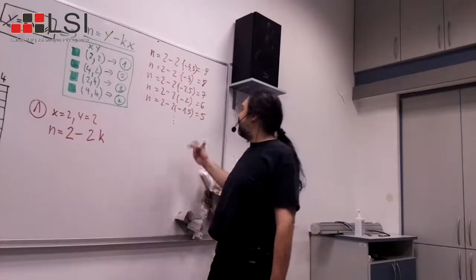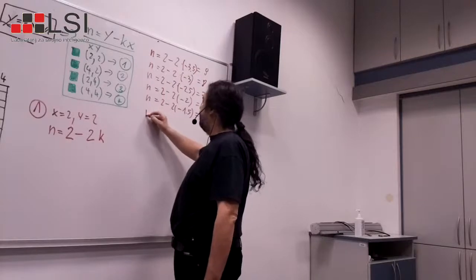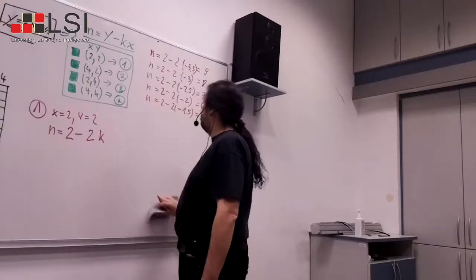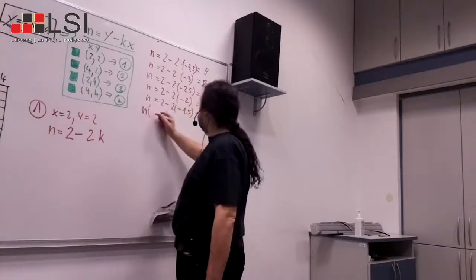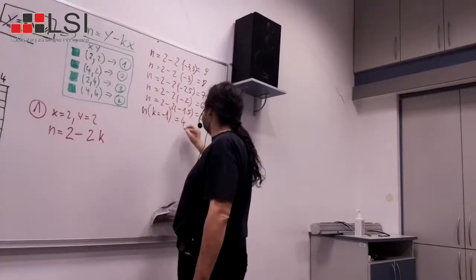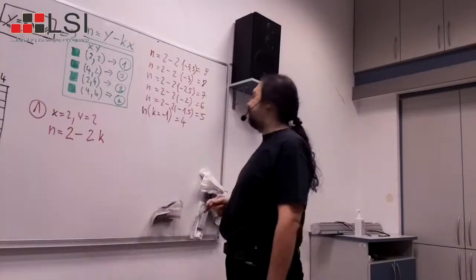But I can tell you that if we go like this, N of K at minus 1 will be definitely 4. Let's think.